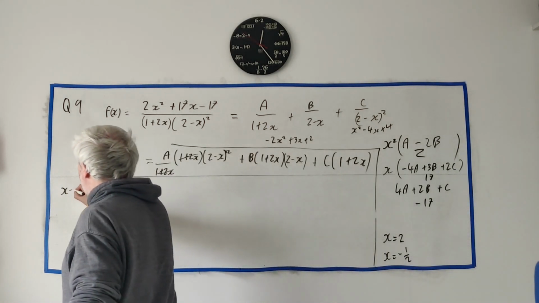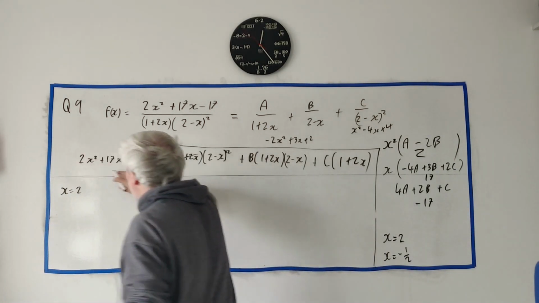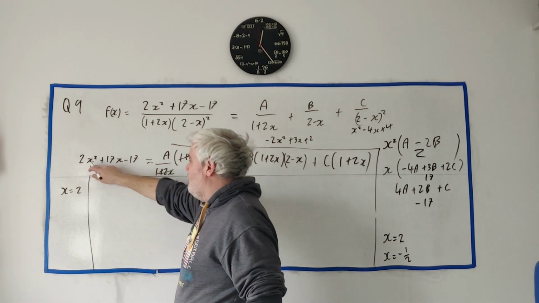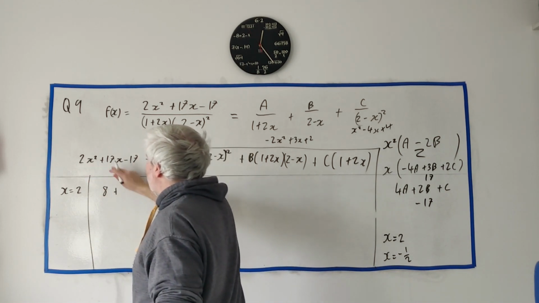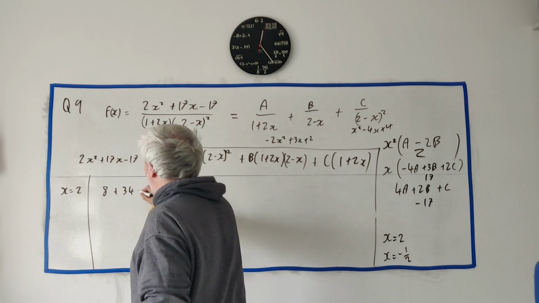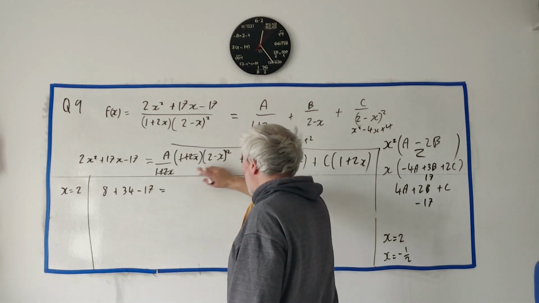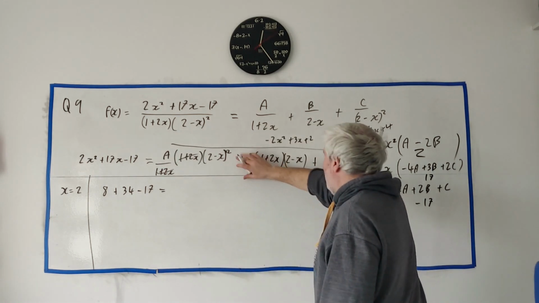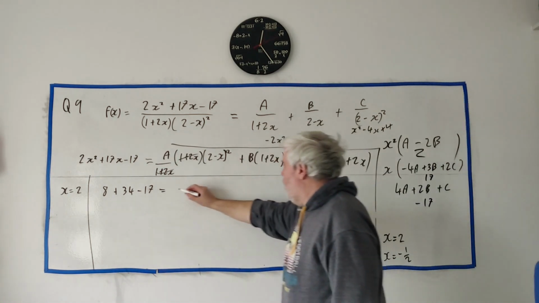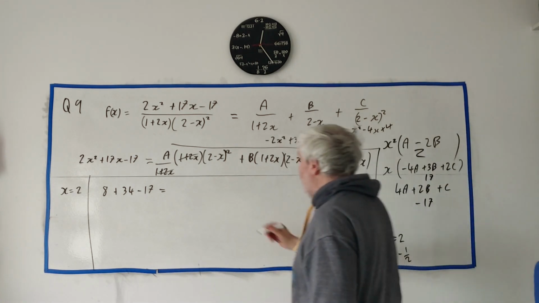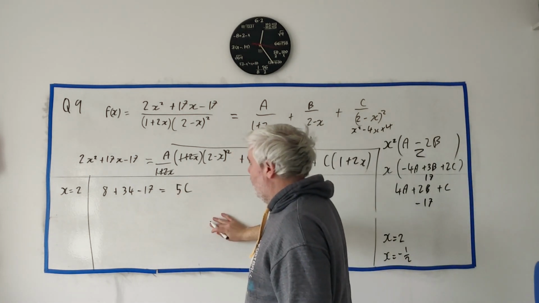Let's go x equals 2, and we'll write all this out again. Let's see, 2 times 2 times 2 is 8. 17 times 2, 34, minus 17 equals 0. 0 plus, let's do it here. 1 plus 2 2's is 5, so 5c.